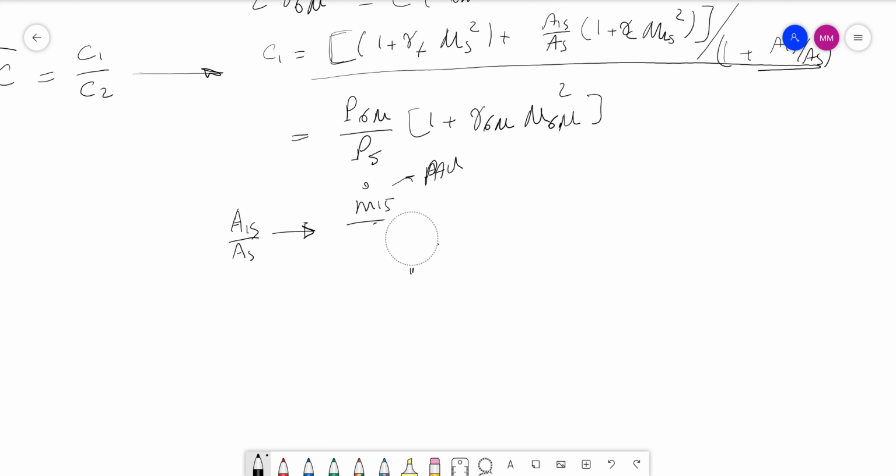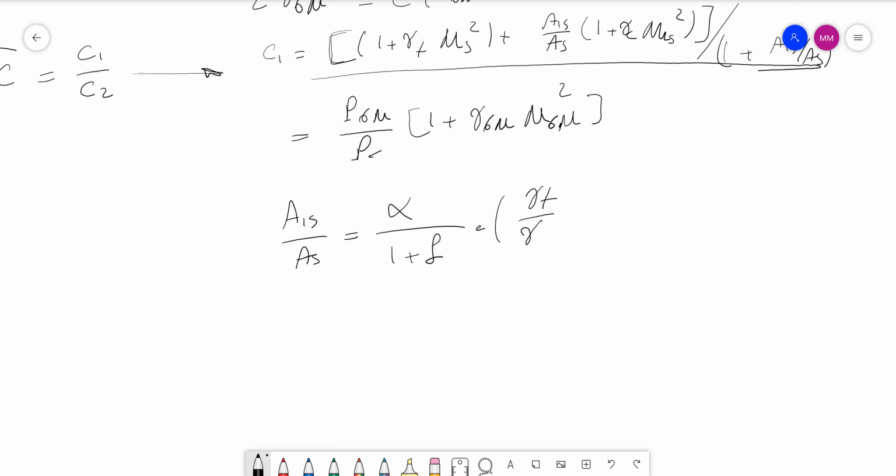So if you go over it and do the calculations, you're going to find that you can find A15 divided by A5 as a function of your bypass ratio over 1 plus f, multiplied by the ratio of the gammas and the speed of sound at the two locations, multiplied by M5 and M15. And you're supposed to have all of these when getting to the mixer solution. So if you end up not having this area ratio, you can simply calculate it.